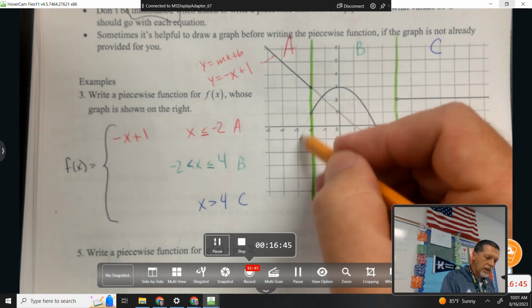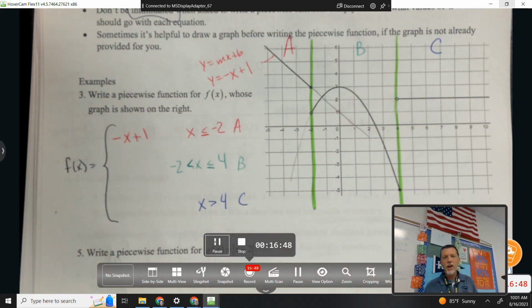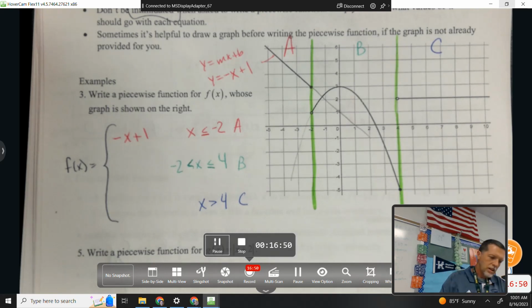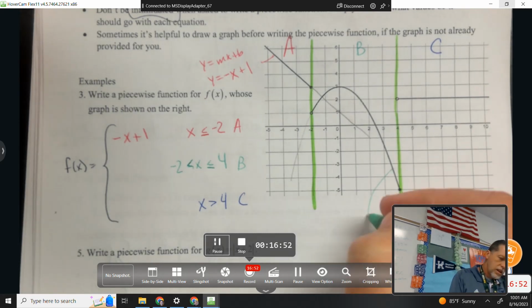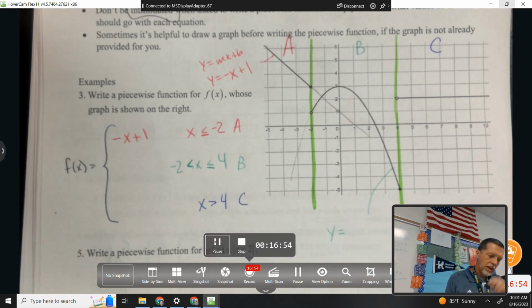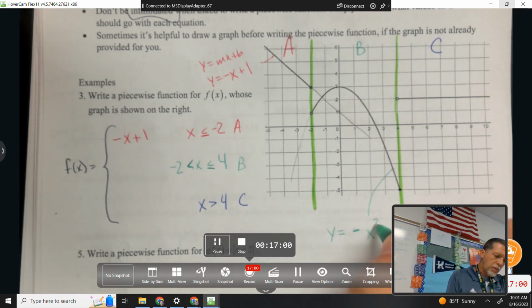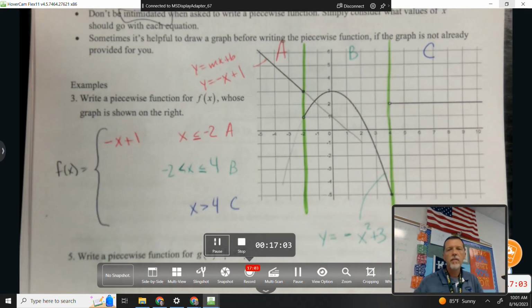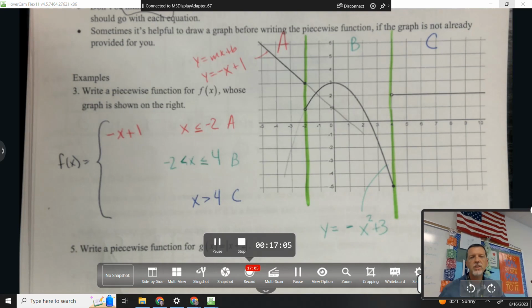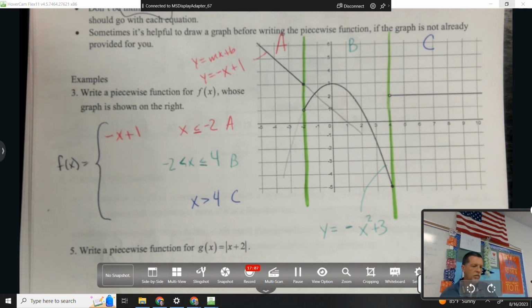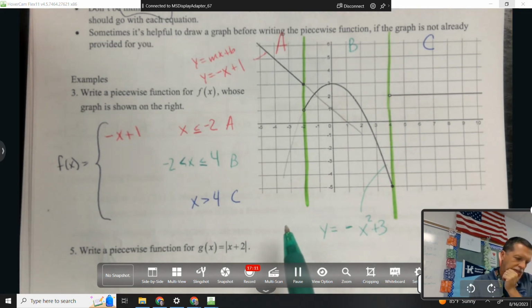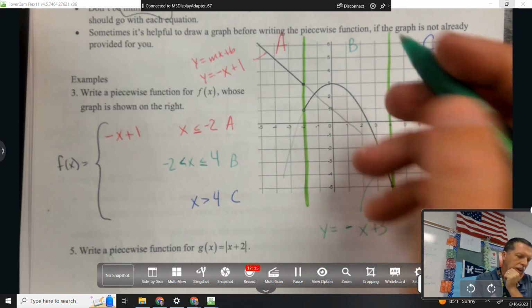All right, on the other side, in graph B, we got a parabola. So let's see. It's upside down, and it's been moved up 3. So we got to use our parent function knowledge here. So -x squared up 3. Yeah, it looks like it's not as steep as it ought to be.